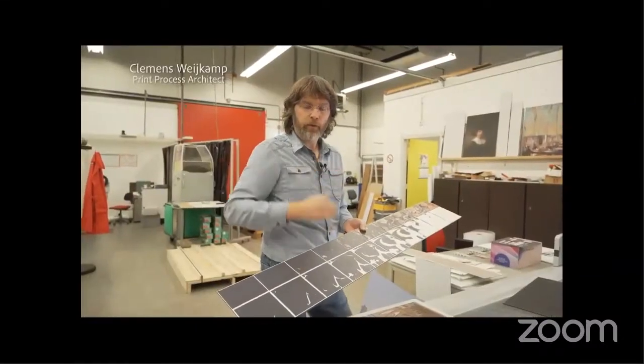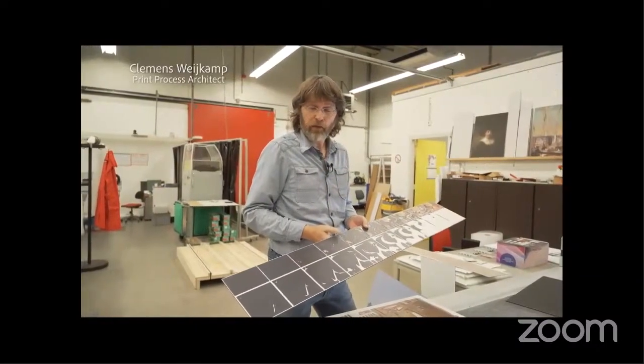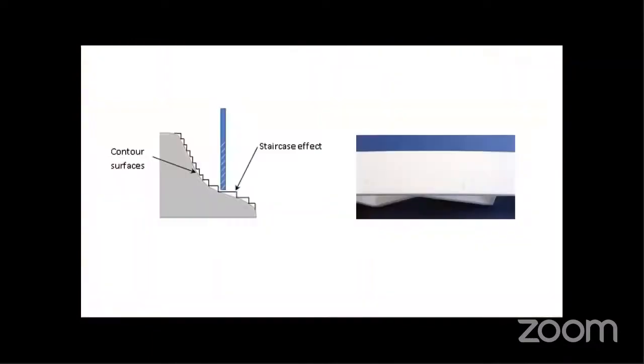We use a flatbed printer that uses ultraviolet curable ink, and the ink cures immediately after printing. Basically, the technology of elevated printing is stacking ink layers on top of each other. The most challenging were avoiding staircasing and getting the right colors.